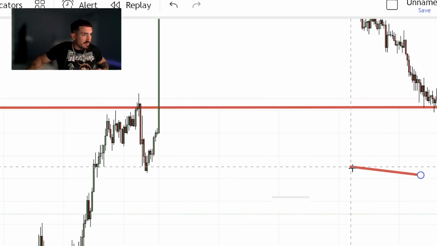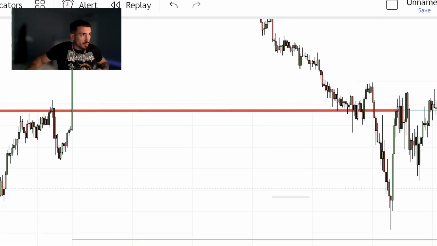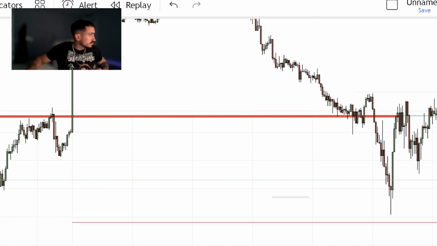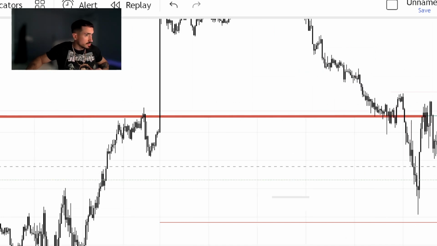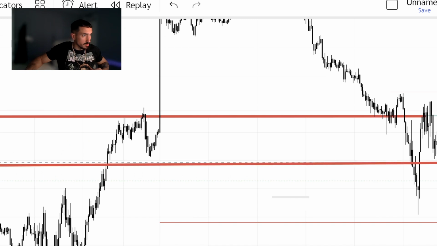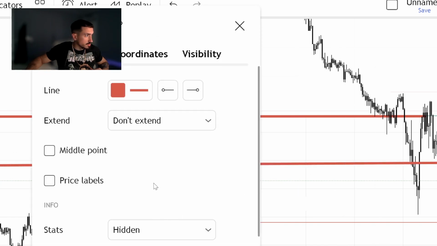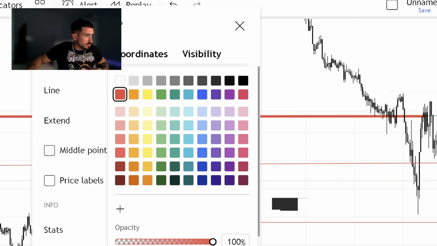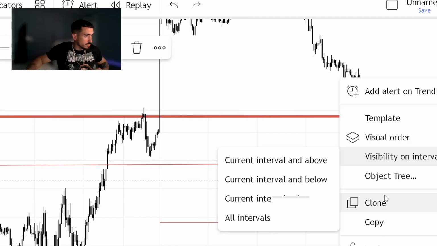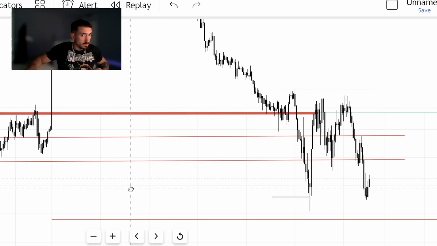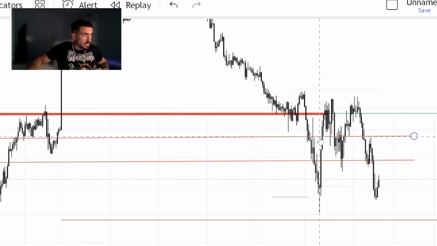We go down to the 5-minute chart and we mark out our key levels. This is 1. One key level.